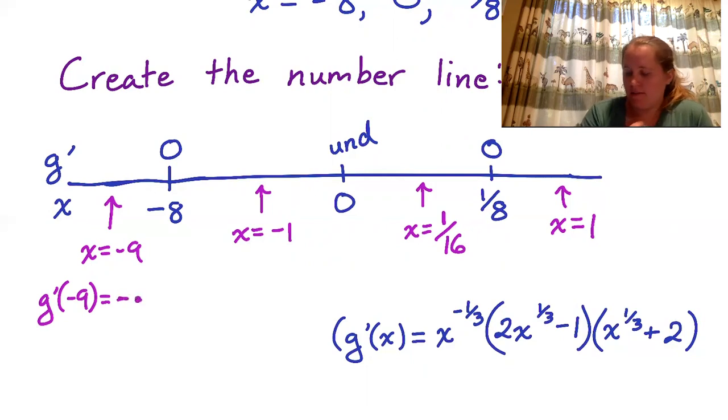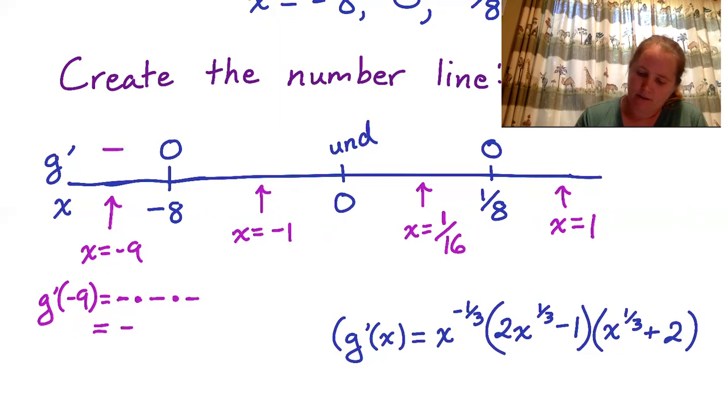Then 2 times that raised to the -1/3 minus 1 will still be negative. And then doing that to the 1/3 power plus 2, we will still be negative. It's at -8 where that will switch. So we have a negative here.